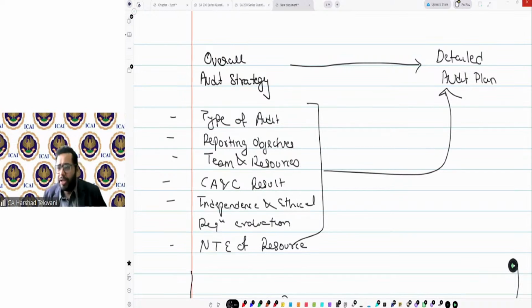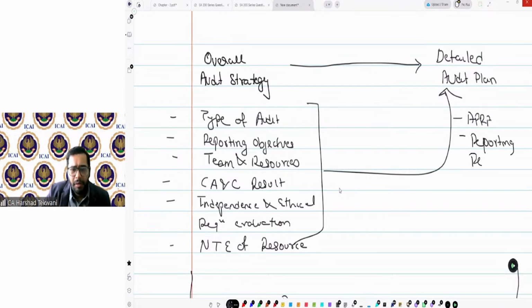Now, when we are considering the detailed audit plan, what is required to be documented in it? I would tell you the detailed audit plan contains a lot of things, like what is the applicable financial reporting framework, reporting requirements in detail.